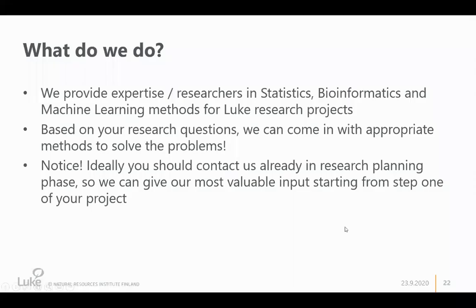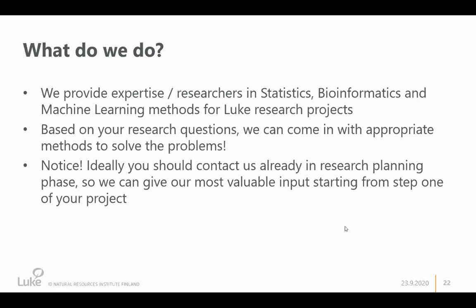That's for historical reasons, because we started so that we only had statisticians in the group. Now we have expanded in recent years, and nowadays we cover not only statistics, but we have statistics, bioinformatics, and machine learning expertise all in our group.